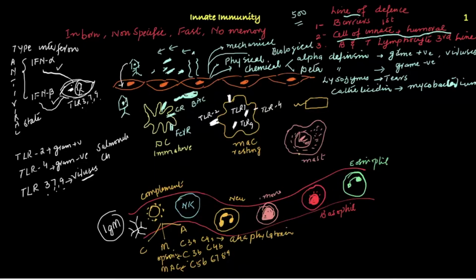These opsonins will coat the bacteria. And when they coat the bacteria, this complement receptor which is present on the dendritic cell, or the one present on the macrophages, CR, will recognize this opsonin. When it is recognized, it will lead to phagocytosis.